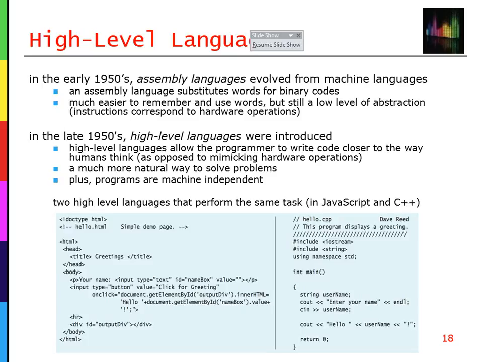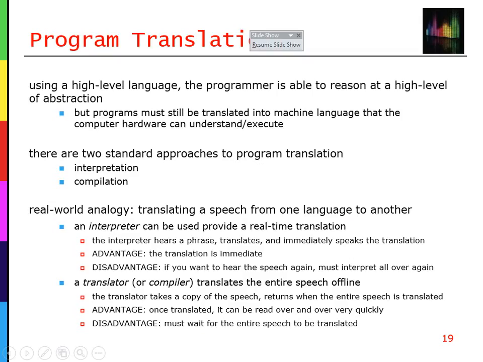So for example, here are two tasks that are similar. One's in JavaScript and one's in C++. One is saying enter your name, and then hello and whatever your name is. So on the right-hand side, we have the C++ program. On the left, we have JavaScript. These are both high-level languages.